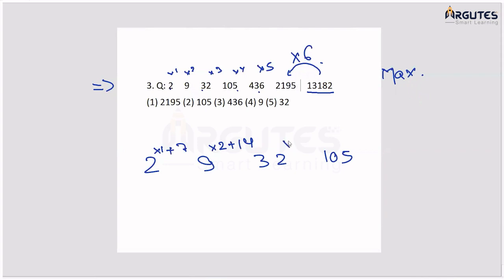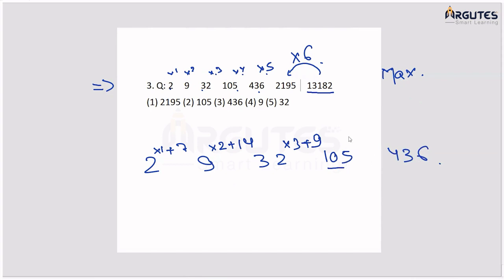So 32 into 3 we have to do, because we know that we have to multiply 1 over here, 2 over here, 3 over here, 4 over here, 5 and 6 like this. So 32 into 3, 96, and plus 9, that will be 105. Okay, now move ahead. This is 436. So 105 and 436, how do we reach here?